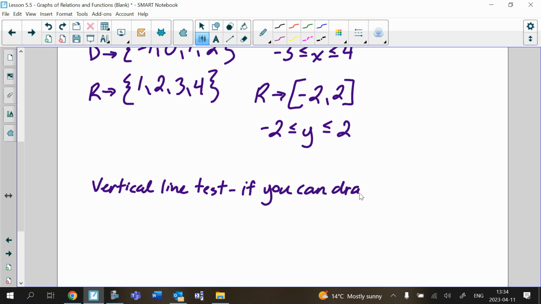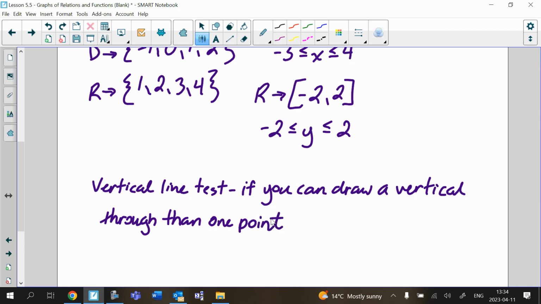That means it's not a function. It is not a function.